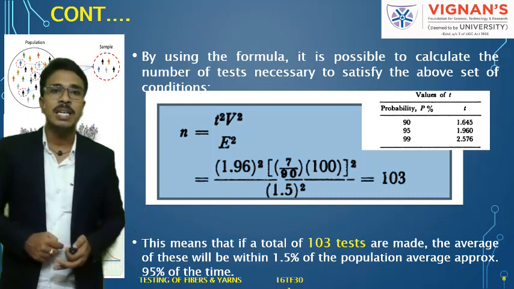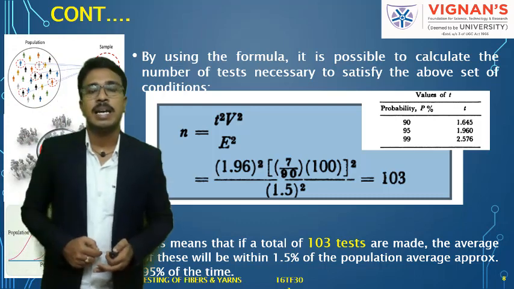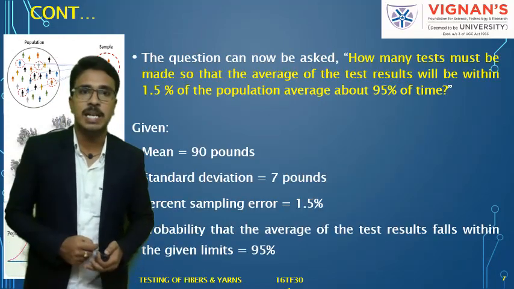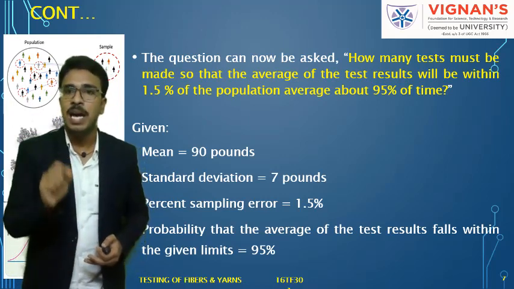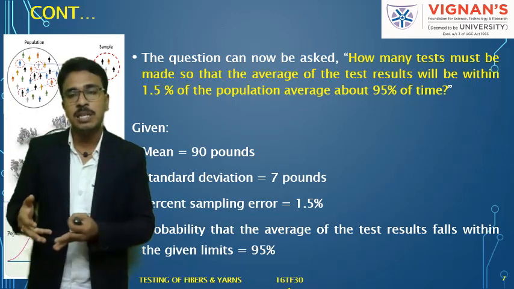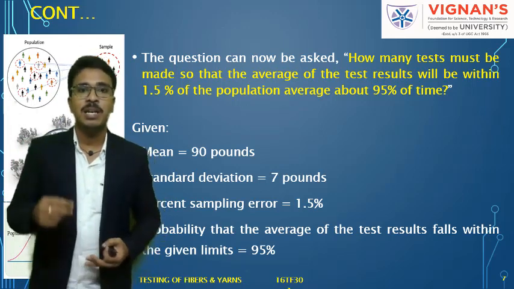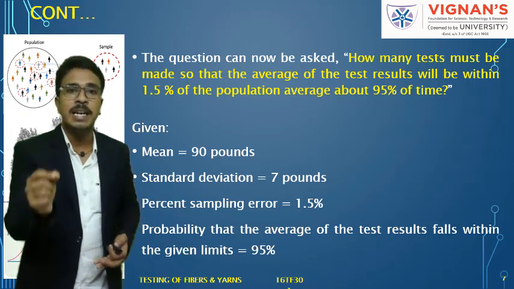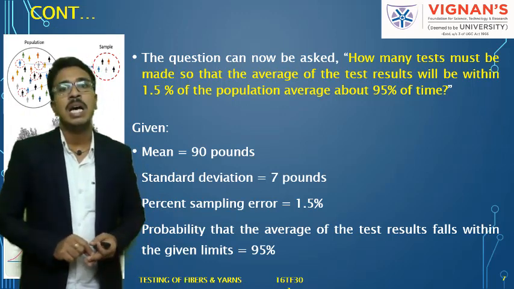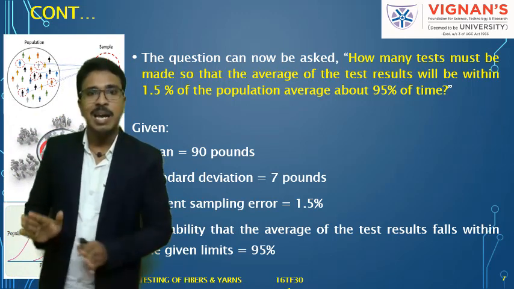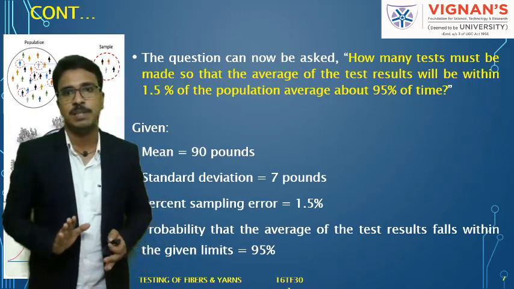So again I am just repeating it. If you go back to the previous slide, where we have to determine the sample size, the given conditions are that the mean should be 90 pounds with a standard deviation of 7 pounds, and the sampling error should be within 1.5 percentage at a probability of 95 percentage.